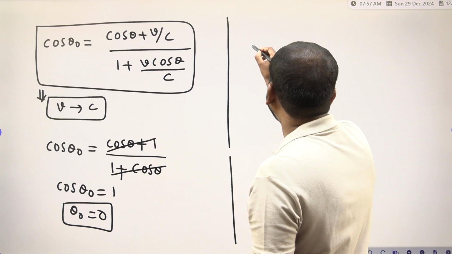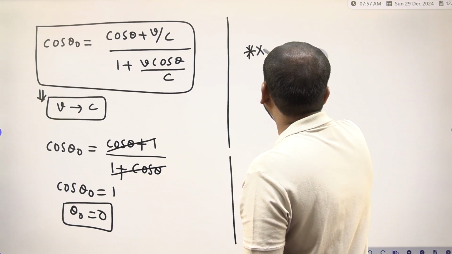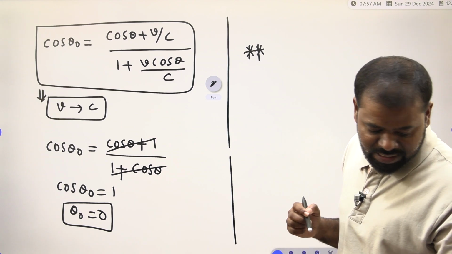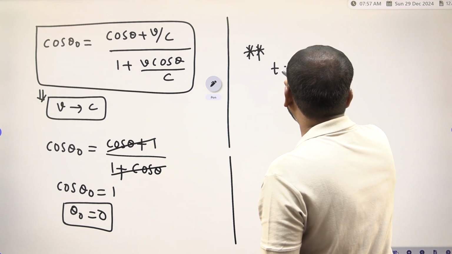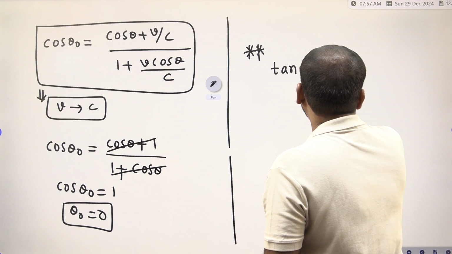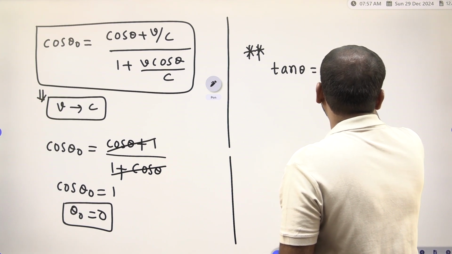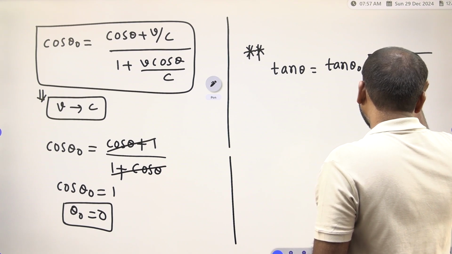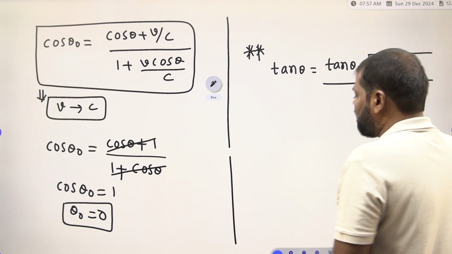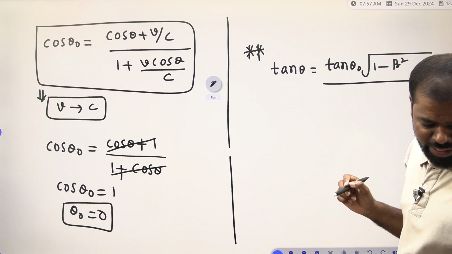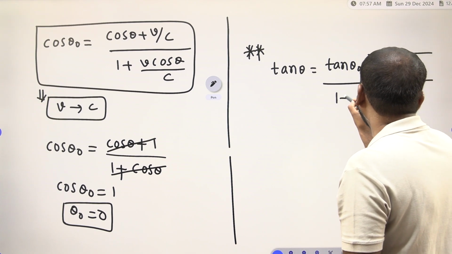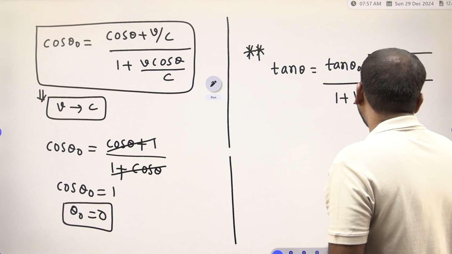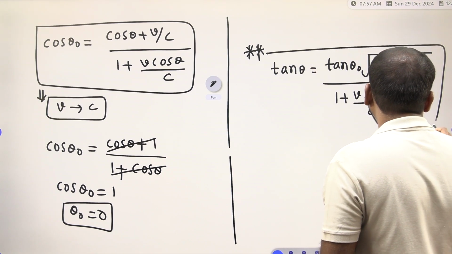Clear? One more important thing I am discussing to you: tan theta is equal to tan theta naught into square root of 1 minus beta square divided by 1 plus v sec theta divided by c.